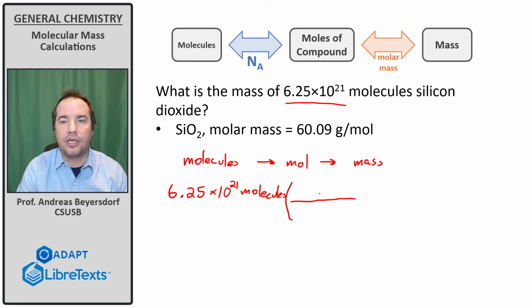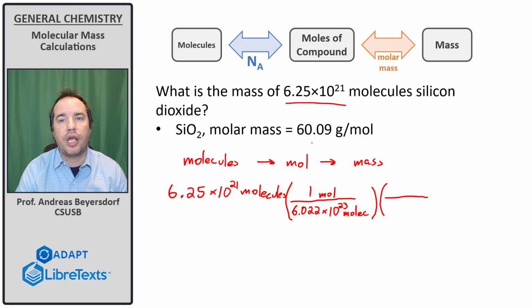We need something to go from molecules to moles. That's Avogadro's number. And then we need to go from moles to grams. And so here we're going to use our molar mass. Now we found the molar mass earlier.